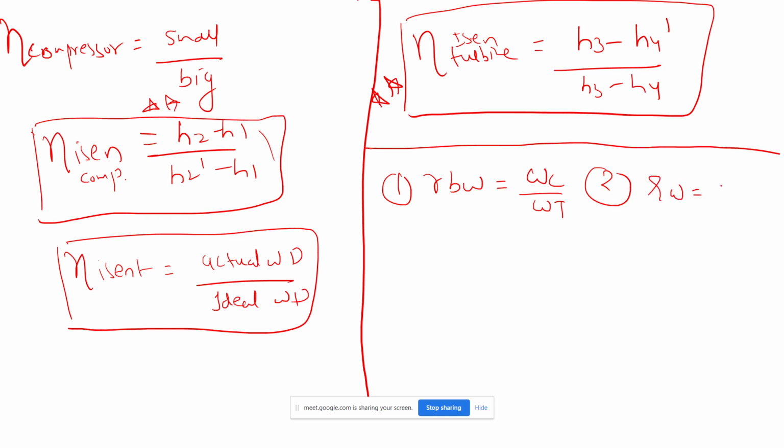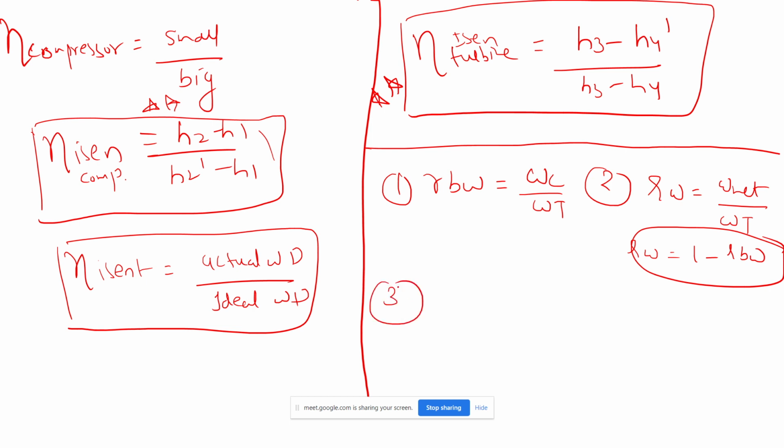It is the net work divided by the turbine work, or you can say that the work ratio is equal to 1 minus back work ratio. Third important formula, which is the efficiency of the Brayton cycle, or for gas turbine, which is 1 minus 1 upon Rp to the power gamma minus 1 upon gamma.